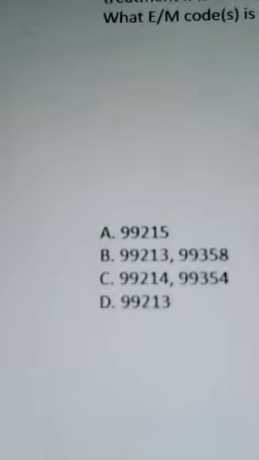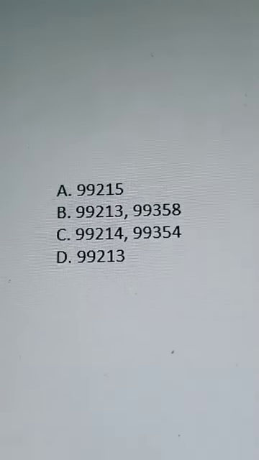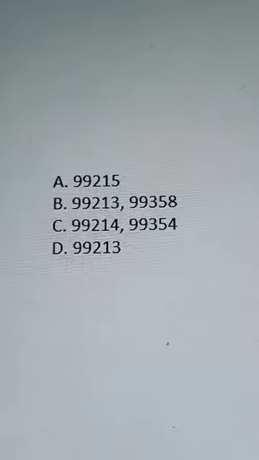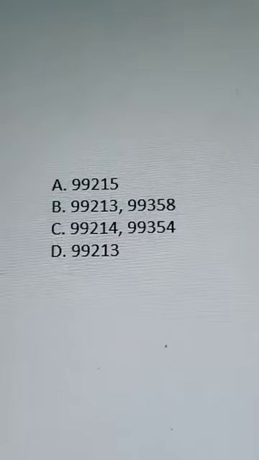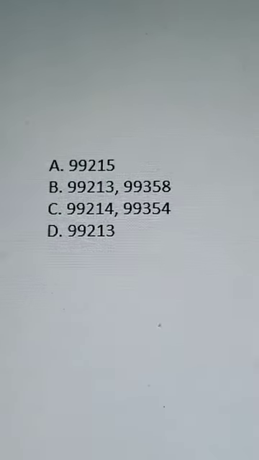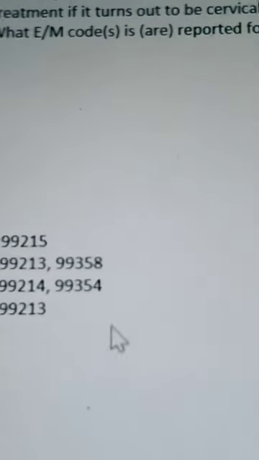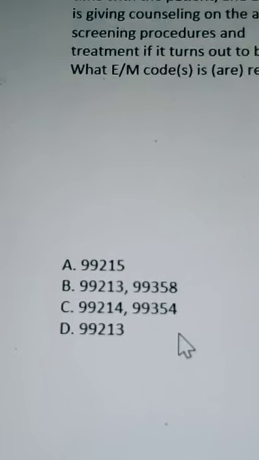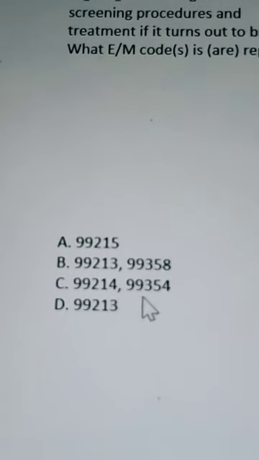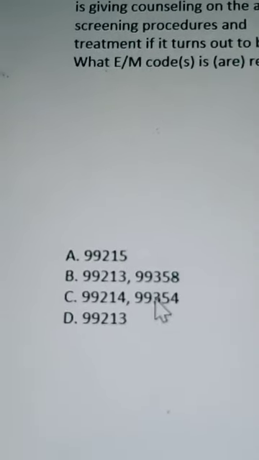Ooh, I got an E and M here. So what happens when you need to add codes to your regular E and M's? Some things need to be in perfect place. There's only one code that would be there if it was prolonged services, and it ends in 17, I think. So it would definitely not be one of those.